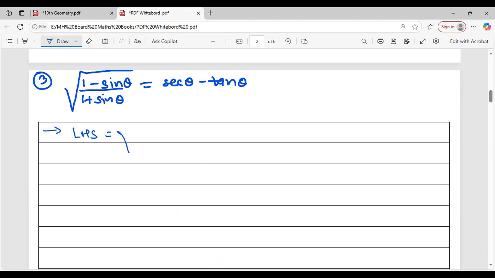LHS is equal to square root of 1 minus sine theta divided by 1 plus sine theta. We'll use an identity. Which identity? But it requires sine square. Then what can be done with it?